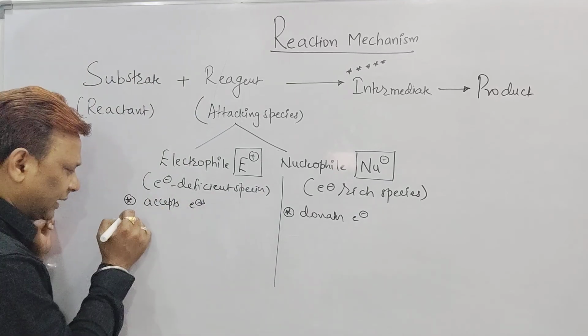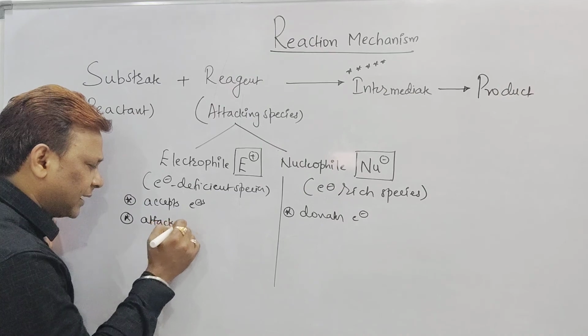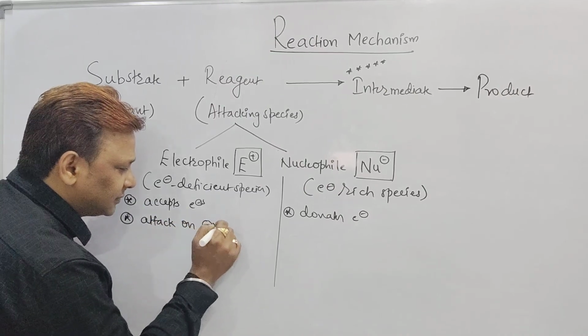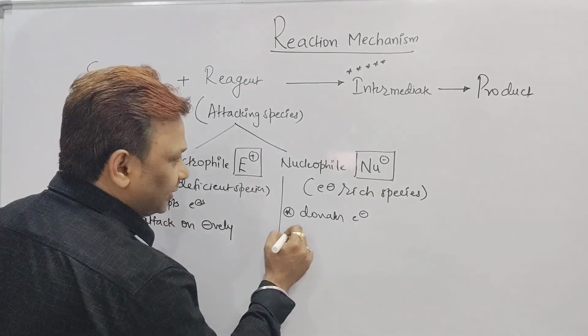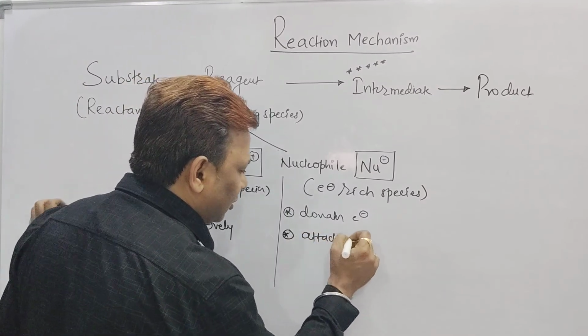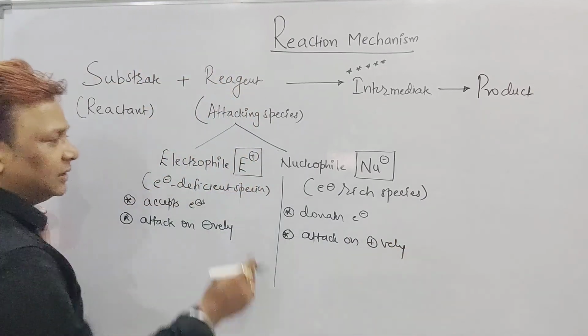Beta, electrophile can attack on which part? So you should say electrophile attacks on negatively charged species, because positive charge can attack on negative charge. But here it is a nucleophile. This nucleophile can attack on positively charged species.